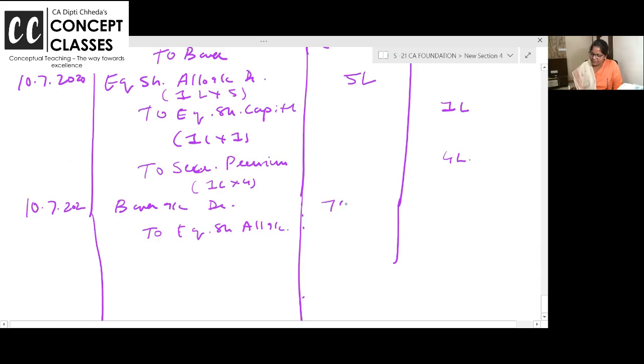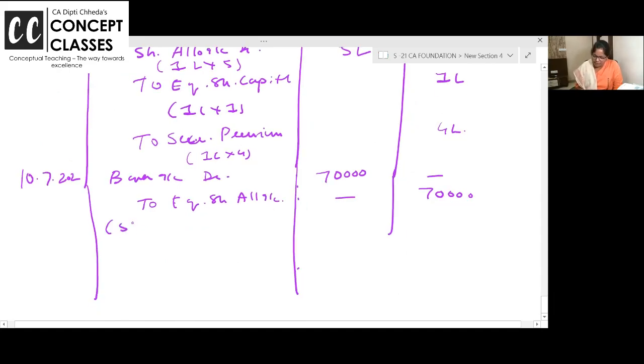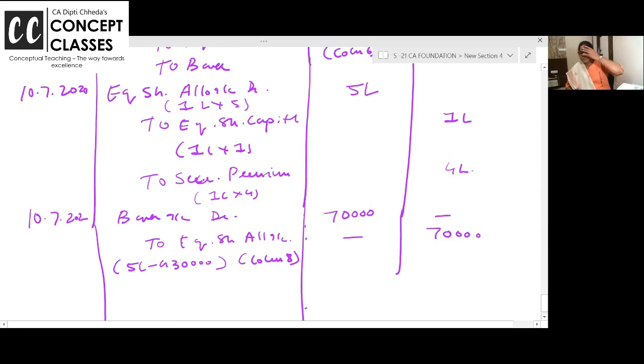So now only 70,000 you will receive. Allotment is to be received 5 lakh, but 4 lakh 30,000 receipt has come. So only 70,000 received, and you have 70,000 in the last column, column 8. Allotment due is 5 lakhs in full, 1 lakh and 4 lakh.